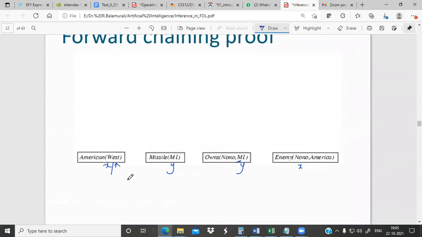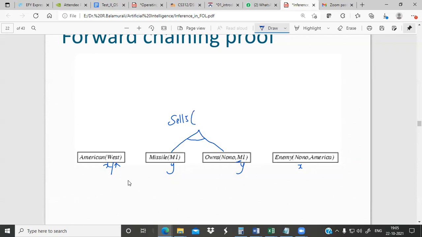Hence we got this. Now from this we can infer certain things. If M1 is a missile and Nono owns M1, then it means that all these missiles were given to Nono by Colonel West. So from this we can infer that it is sold by Colonel West.